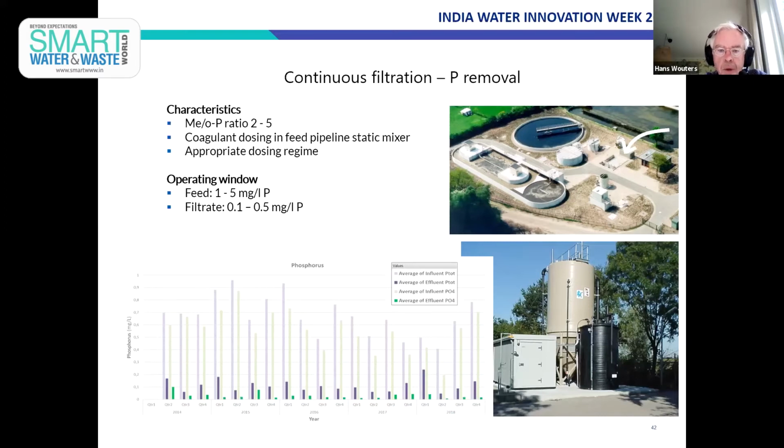In this case, the wash water is typically rinsed and fed back to the head of the works of the wastewater treatment works, and there it will be trapped into the sludge, in the activated sludge, and finally discharged from the system through the waste activated sludge. So this is a very simple setup which proved to be very effective as a tertiary solution to remove phosphorus to very low levels. Next sheet, please.